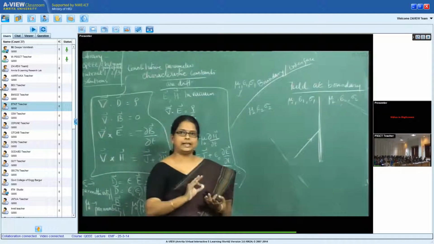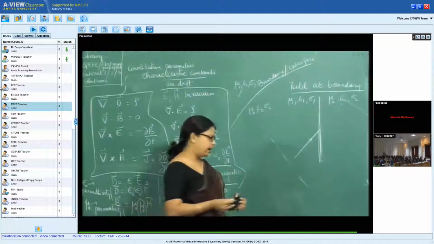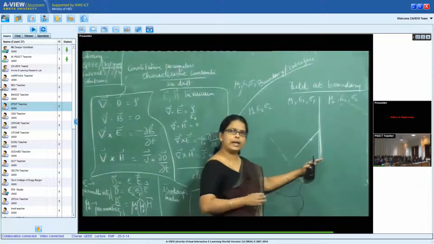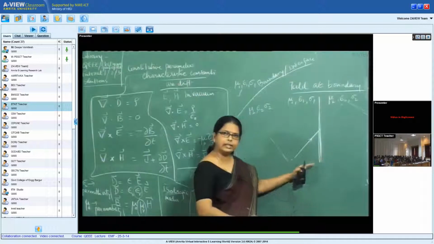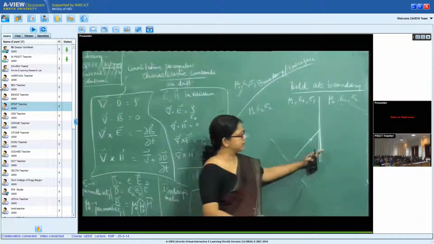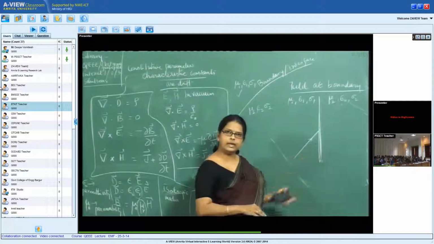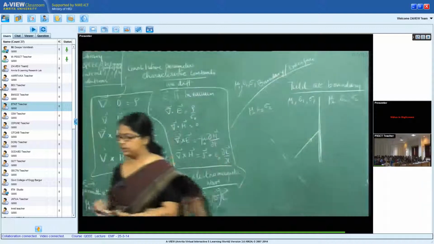That was the static case, but I could also have a time varying case. How? I can think about an electromagnetic wave, where the electric field is continuously changing with time, hitting the boundary. What happens to it? In either case, I want to handle this boundary value problem, the boundary condition.